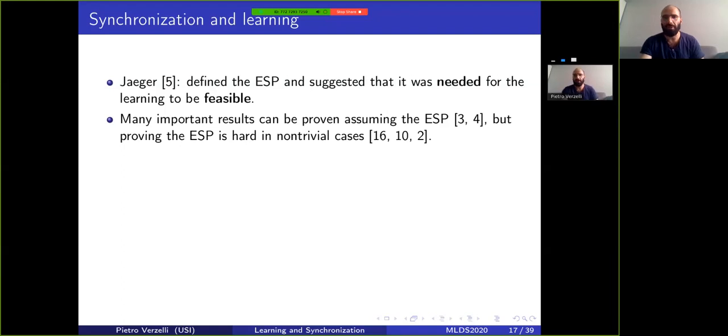So general approximation of any signal by the reservoir computing procedure can be proven if you assume that the echo-state property holds, or even some encoding of any general attractor or any dynamical system can be encoded if you assume that the echo-state property holds. But proving the echo-state property itself, so saying this system has the echo-state property, is really hard in any non-trivial case.